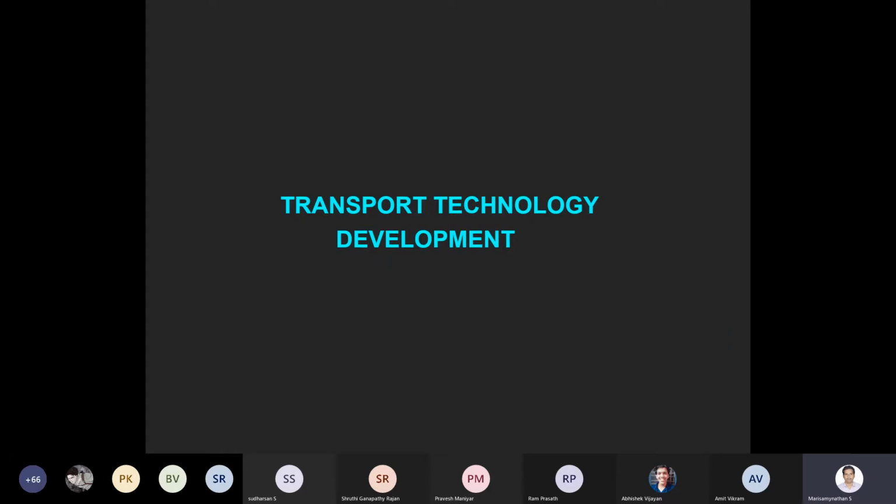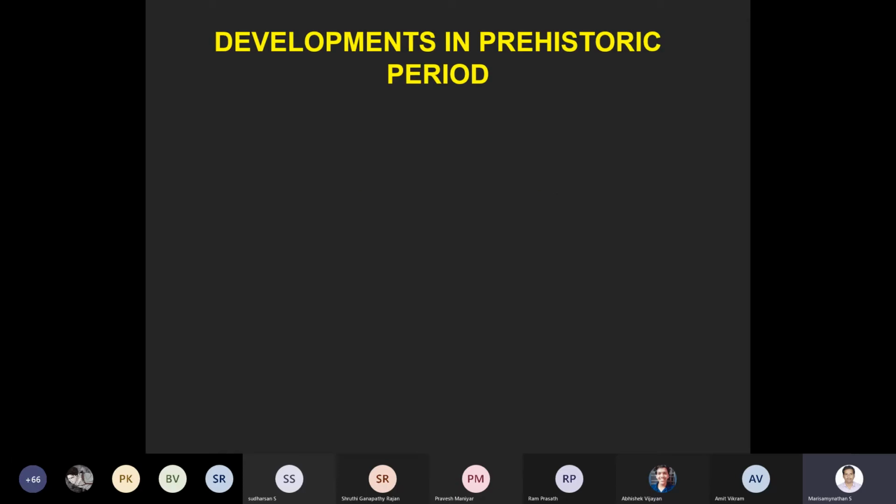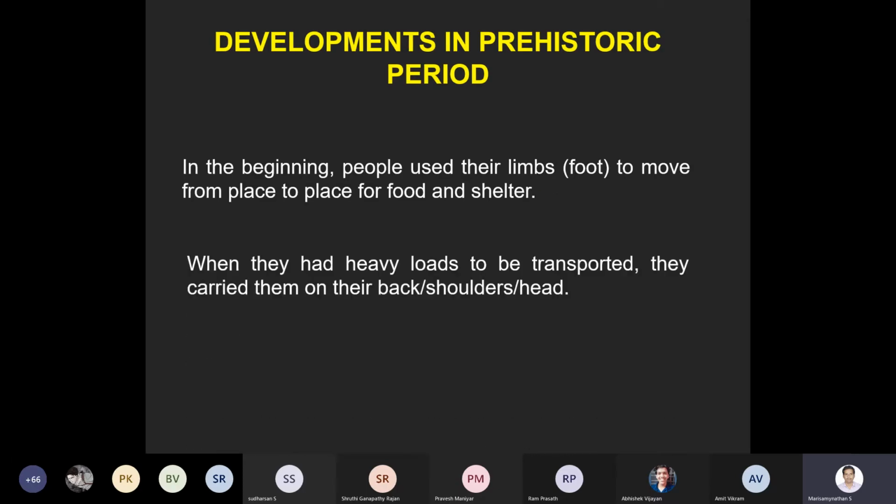That way we can see how the growth happened. In the initial days, people were walking from one place to another. Their foot, their walking mode, is considered a transportation mode when they planned to shift from one place to another.